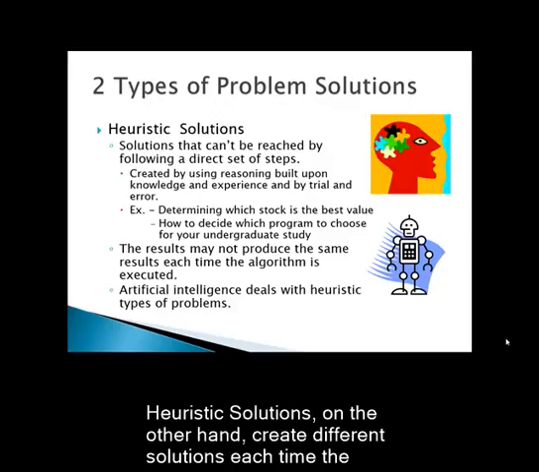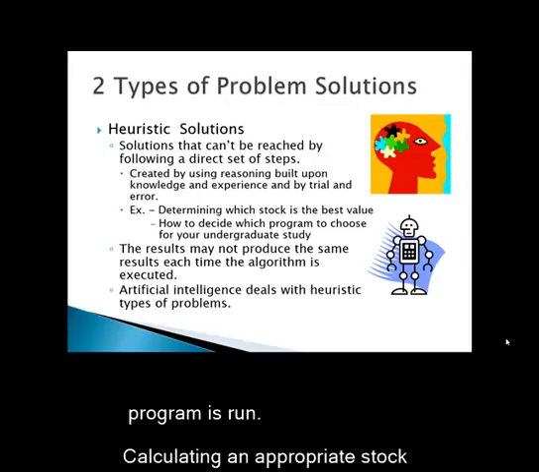The software can use some sort of knowledge or experience, by learning certain heuristics or patterns in developing the solution. For example, determining which stock is the best value.